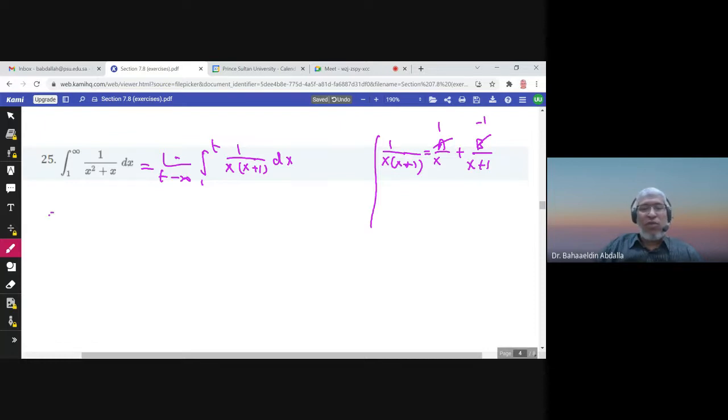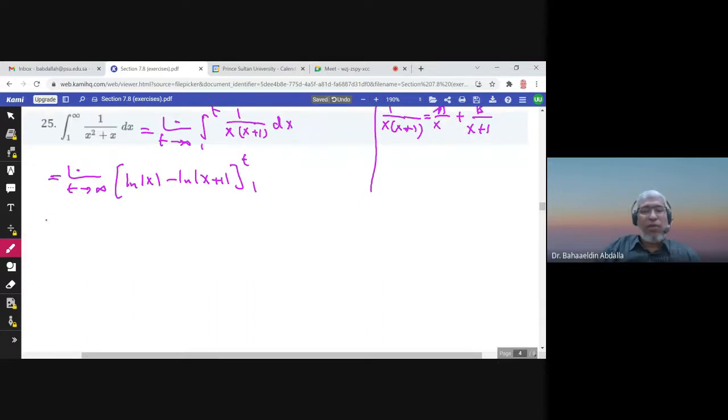So this would be the limit as t approaches infinity of the integral of 1 over x, which is ln absolute value of x, minus ln absolute value of x plus 1, from 1 to t.